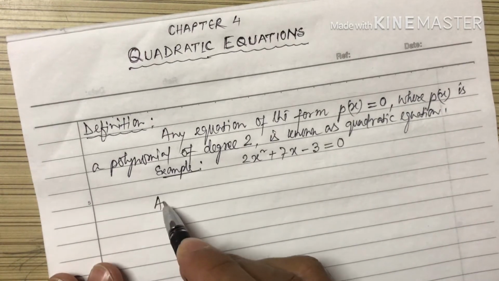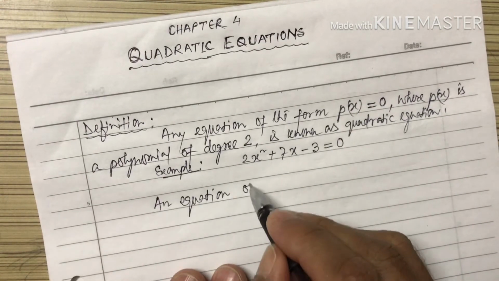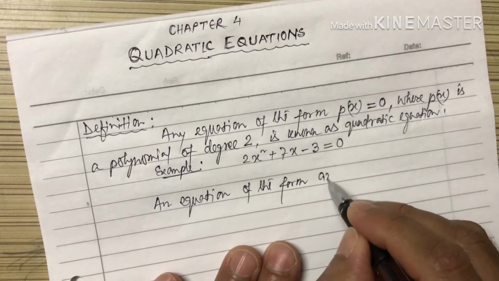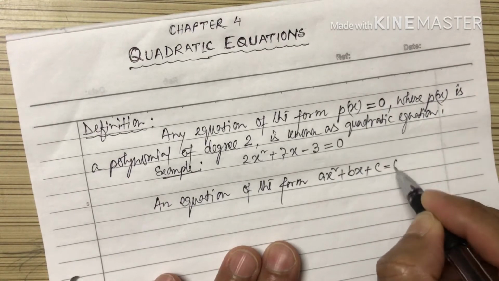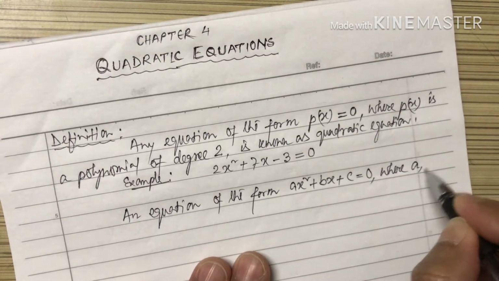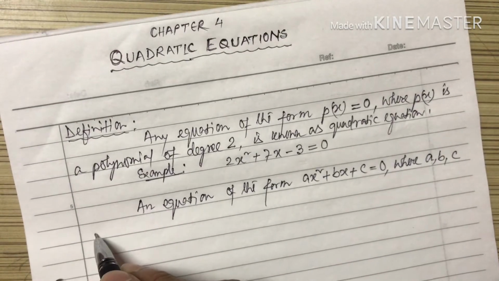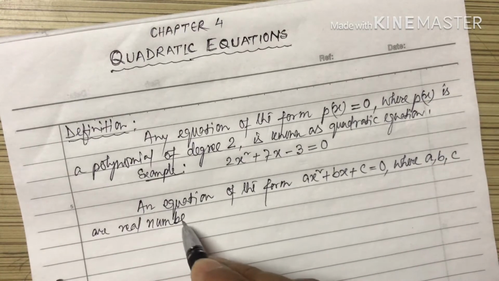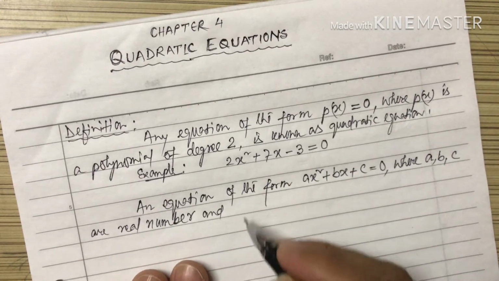An equation of the form ax² + bx + c = 0, where a, b, c are real numbers. They have to be real numbers, otherwise we cannot solve.